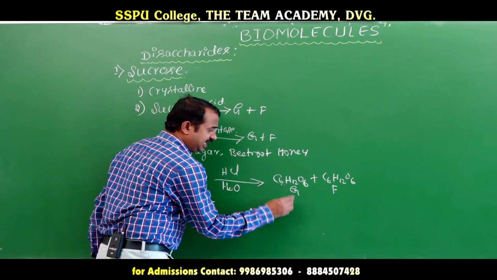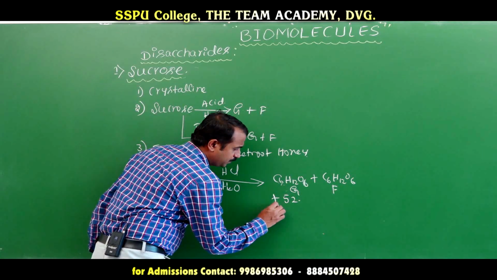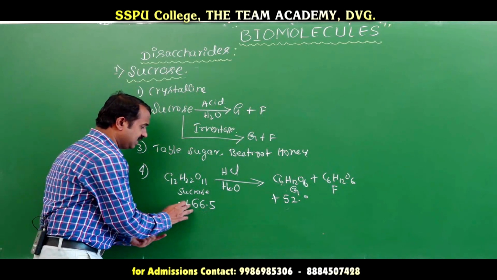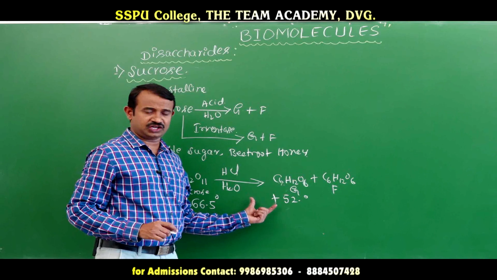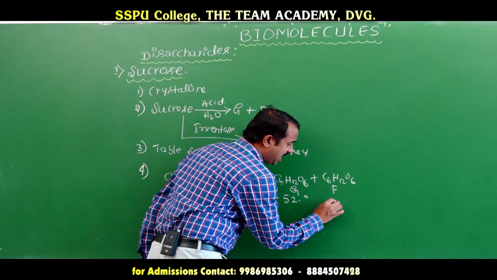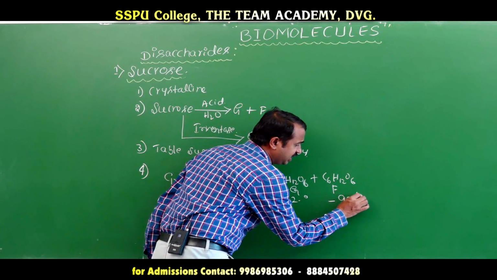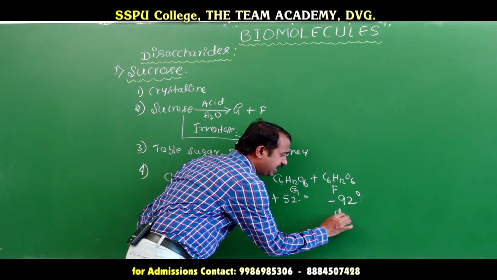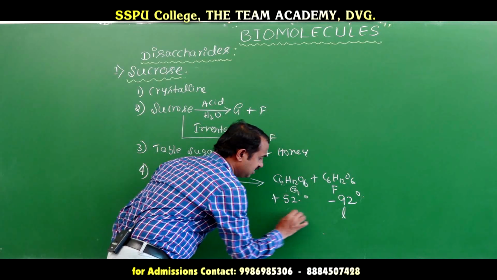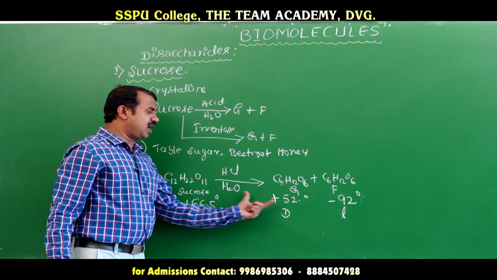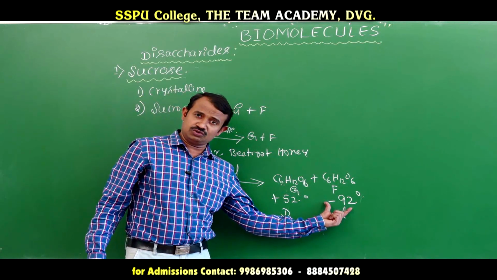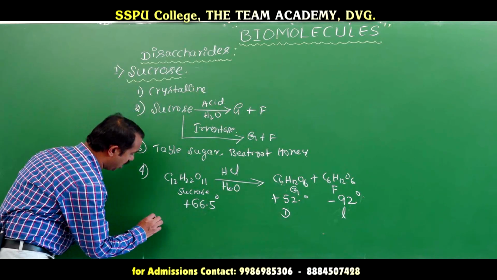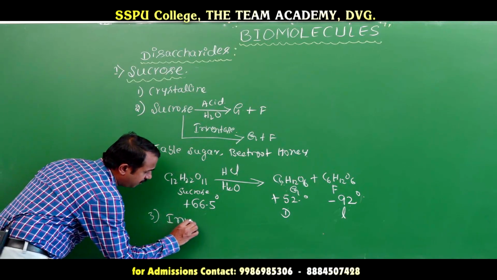The glucose has a +52 degree rotation, but the fructose has a minus 92 degree rotation. So the sucrose and glucose are dextrorotatory, while fructose is laevorotatory. The major one has the negative rotation, minus 92. That's why sucrose is also called invert sugar.